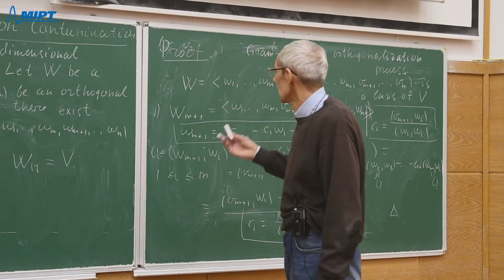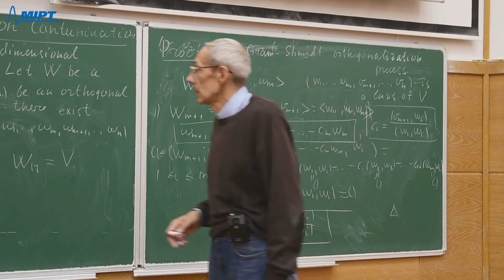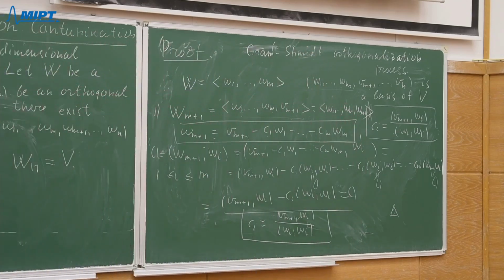And if you repeat this procedure n minus m times, we obtain the orthogonal basis on the whole vector space V. And the theorem is proved. Any question?